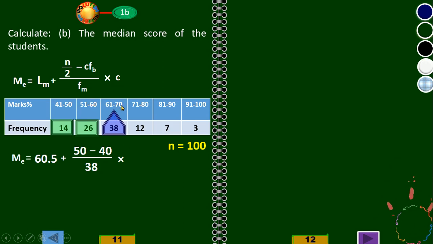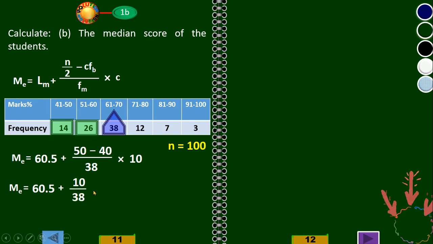The difference between the upper class boundary here, 70.5, minus the lower class boundary, 60.5, gives us 10. Then we're going to simplify this. 60.5 plus the difference between 50 and 40, which is 10, then we divide that by 38 and multiply by 10.